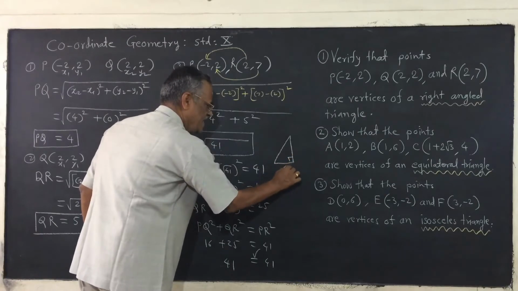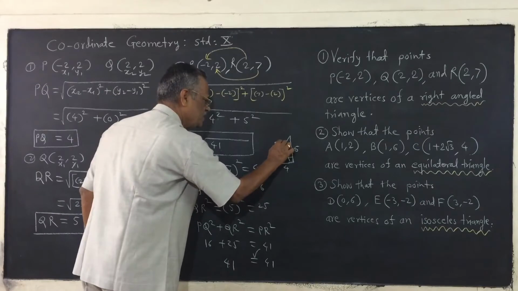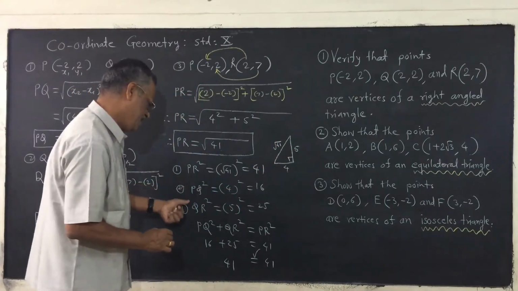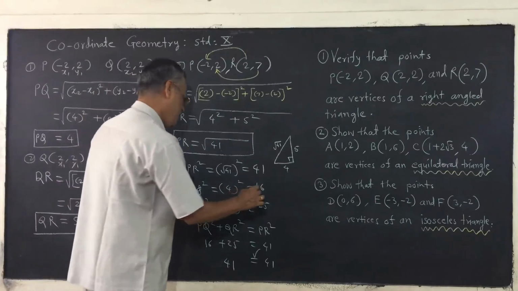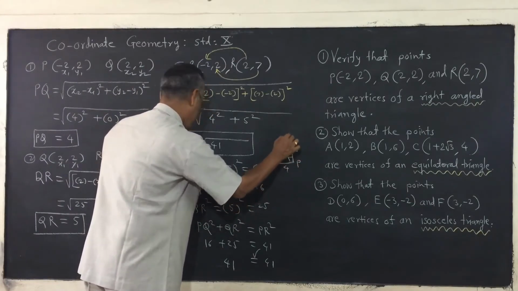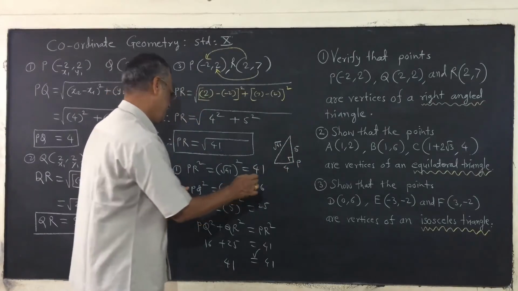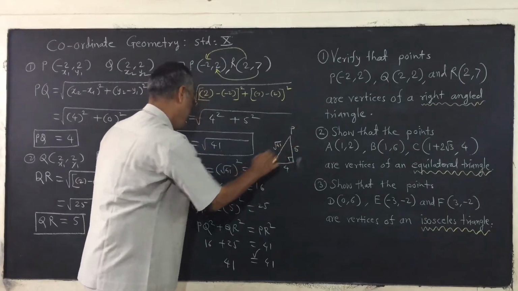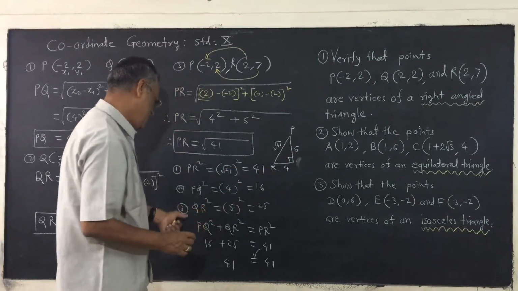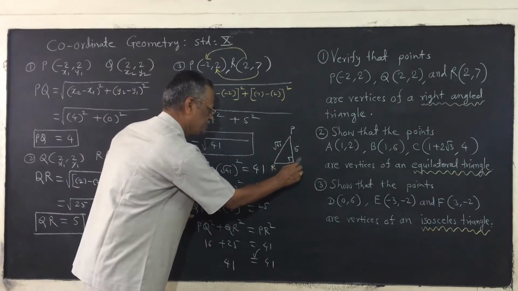You can see that if this is 4, if this is 5, and if this is under root 41, what is that? PQ, PR, QR.